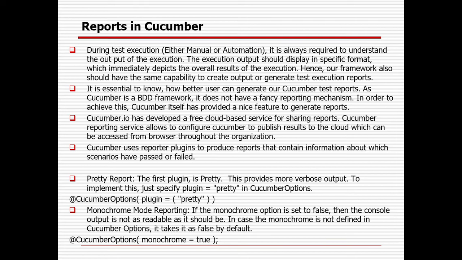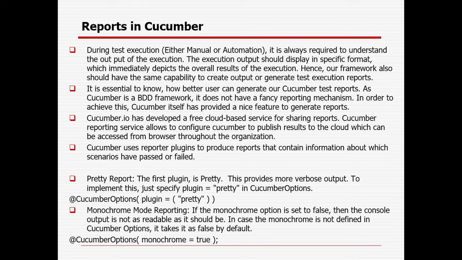It is essential to know how a user can generate a Cucumber test report. As Cucumber is a BDD framework, it does not have a fancy reporting mechanism. In order to achieve this, Cucumber itself has provided nice features to generate reports.